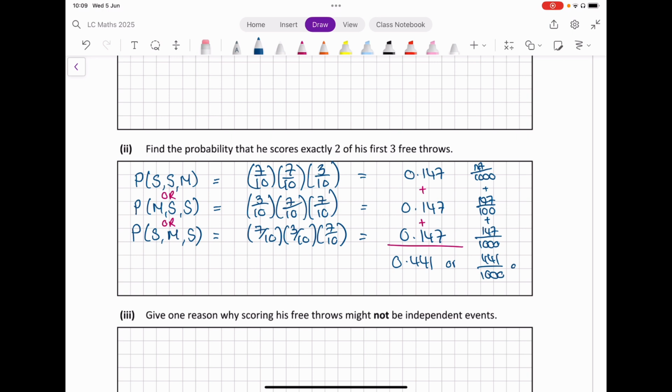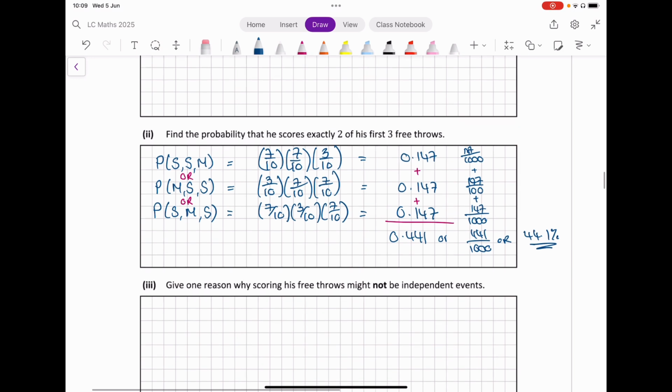And if you wanted to write it as a percentage, that would give you 44.1%. So it's important there that you remember that there are 3 different arrangements. That he can score, score, miss, that he can miss, score, score, or he can score, miss, score.